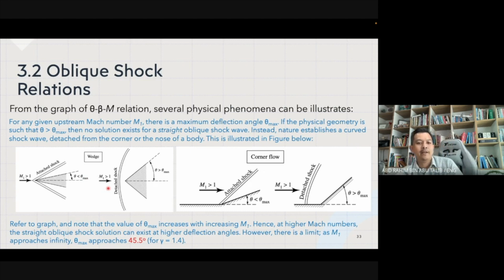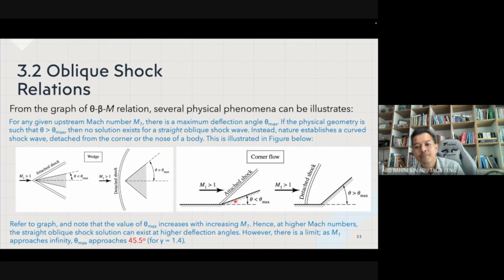But in another case where theta is greater than theta max, you will see a detached shock. So the formation of the shock basically depends on whether the angle theta is greater or less than theta max.